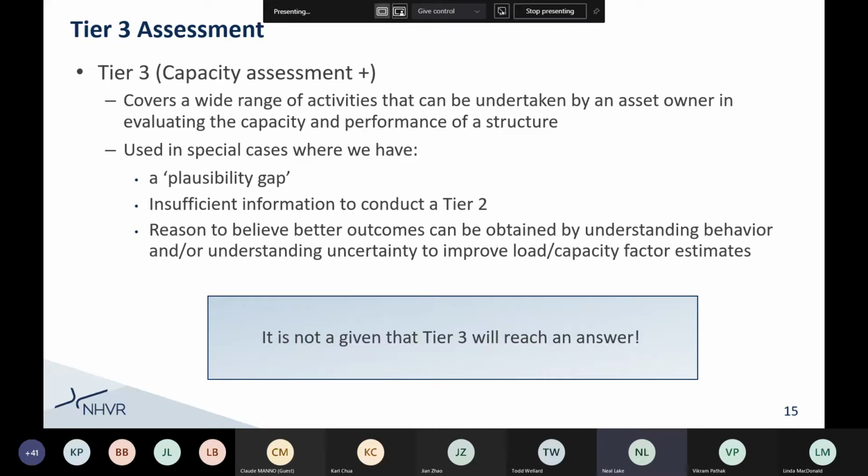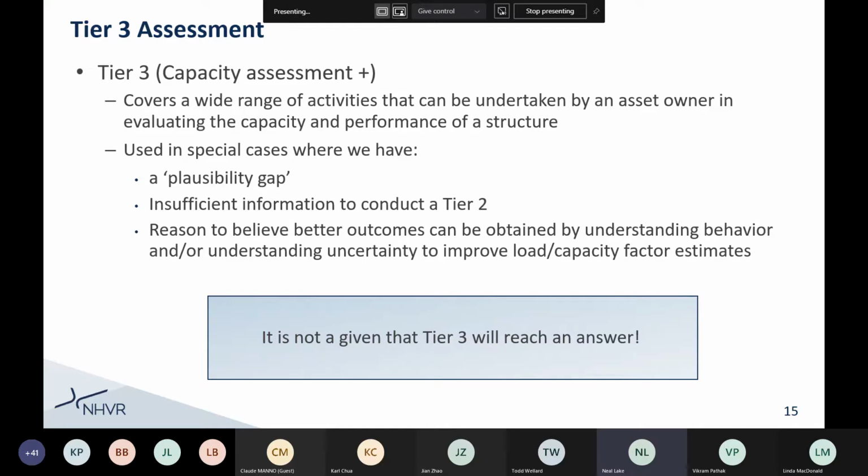Something I just wanted to touch on is that a common thing I hear people saying all the time is, we get a substandard result in tier 2, and they go, "Oh, that's all right, we'll just do a tier 3, and that'll give us a better result." That's another myth that I wanted to dispel.